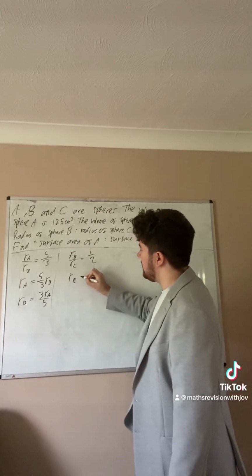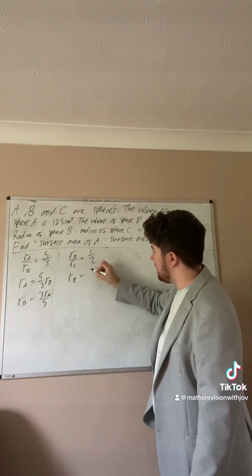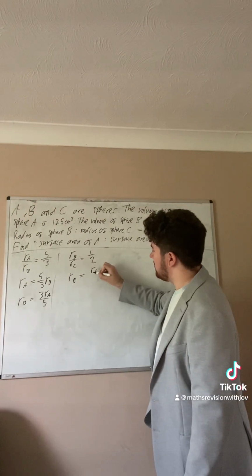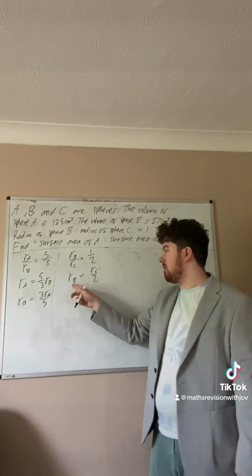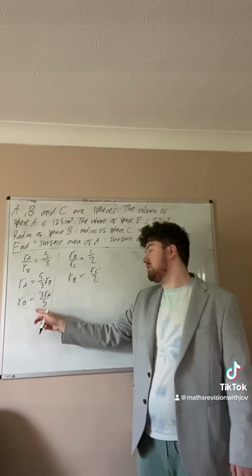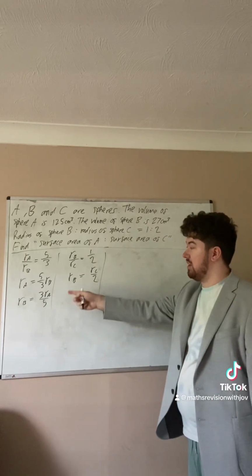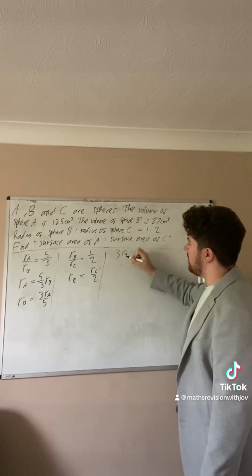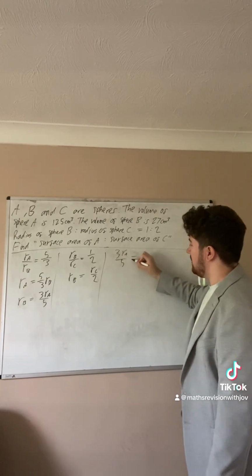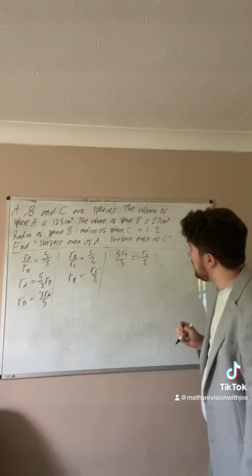We multiply both sides by RC, so we get that RB is just RC divided by 2. Now, we found RB in two different cases, so we can set these equal to each other because they're both RB. So 3 RA divided by 5 is equal to RC divided by 2.